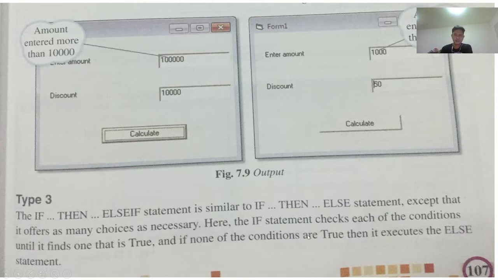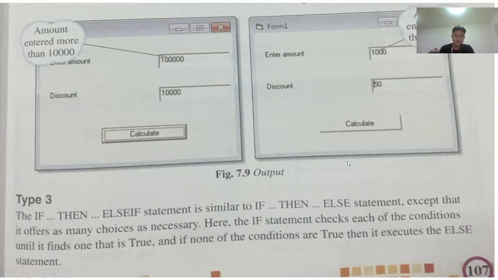Here, the if statement checks each of the conditions until it finds one that is true. And if none of the conditions are true, then it executes the else statement. So in this lesson, I will teach you how to do that.